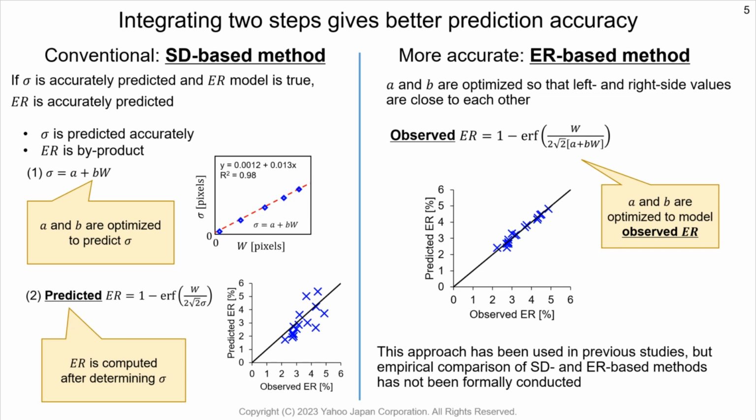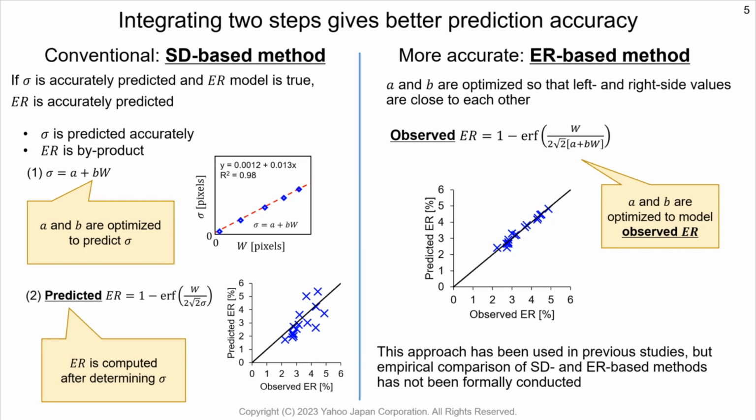In this study, we compared two methods. One is a conventional two-step approach. For this SD-based method, the error rate prediction is a byproduct because the parameters A and B are optimized to predict the sigma. In contrast, we found that integrating these steps gives better prediction accuracy.